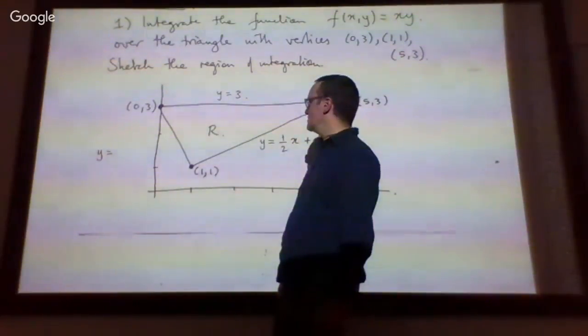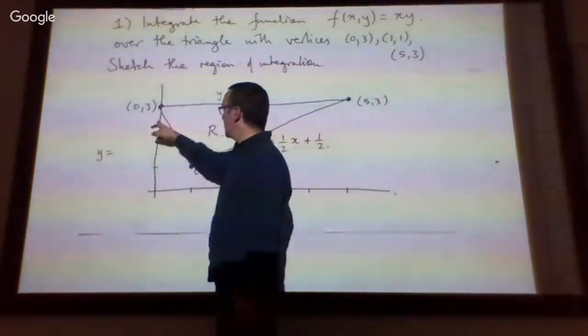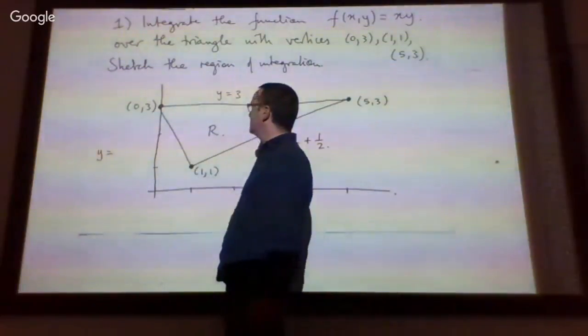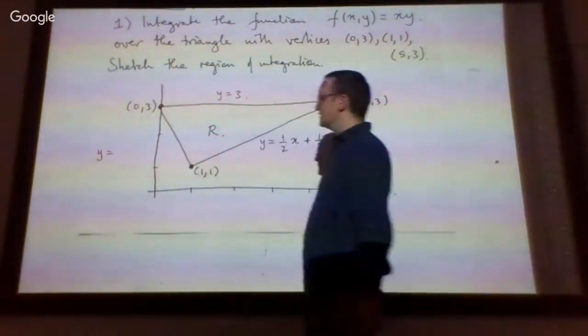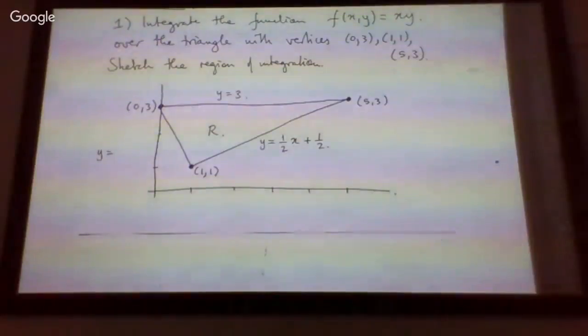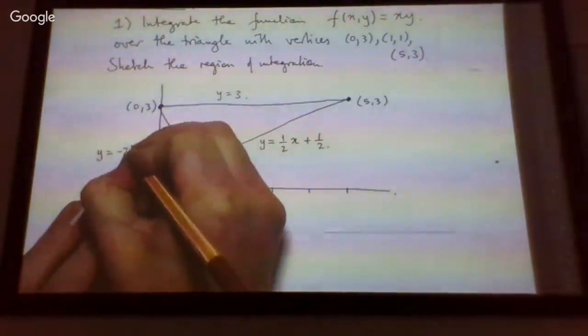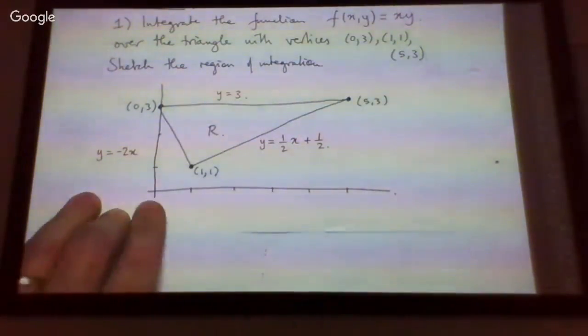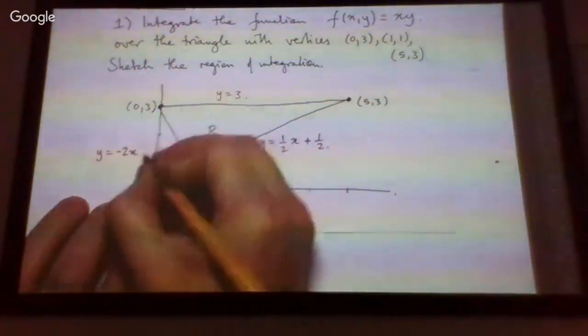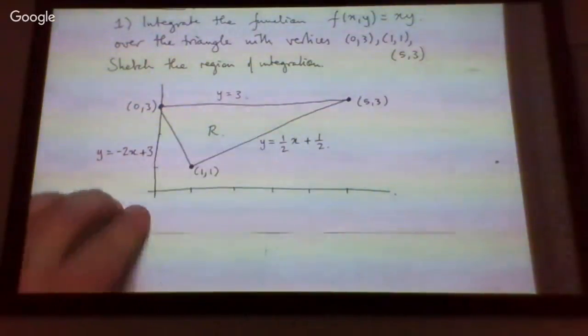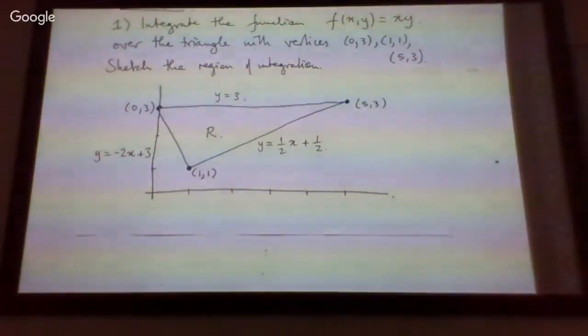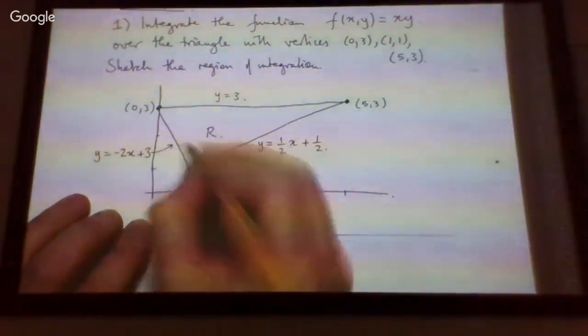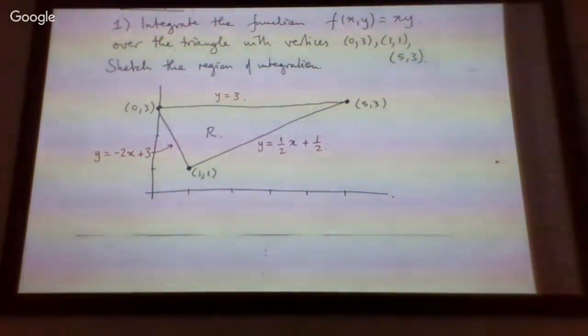So the y change is minus 2, and the x change is 1. So it's got slope minus 2. So this is y equals minus 2x, and when x is 0, you've got 3, so it's plus 3. Okay, so that's the equation of that boundary curve.